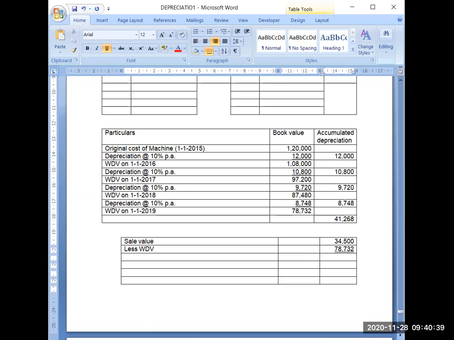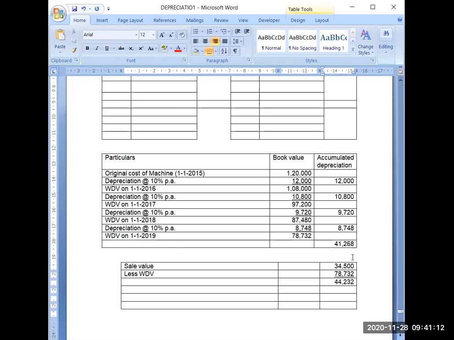If we deduct these two, we will get the loss. So the loss will be 44,232.